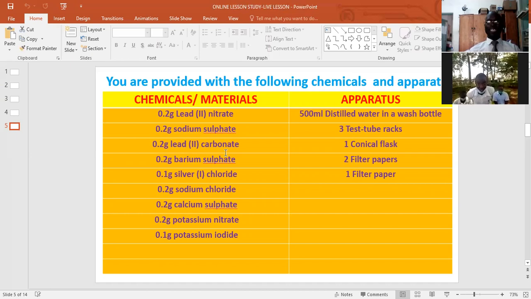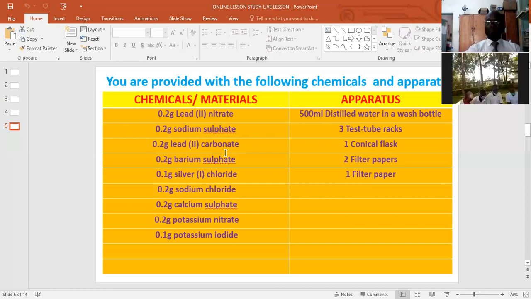Lead 2 nitrate, sodium sulfate, lead 2 carbonate, barium sulfate, silver 1 chloride, sodium chloride, calcium sulfate, potassium nitrate, potassium iodide. Very good. Let us also clap for Ian.